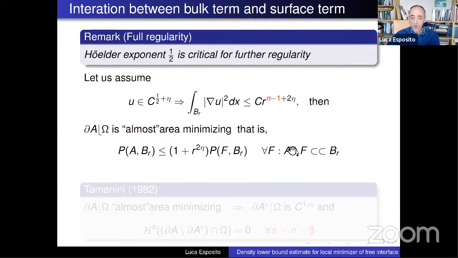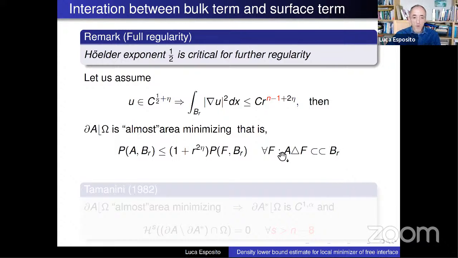So you have to know that the symmetric difference between A and F must have compact support inside B_r.